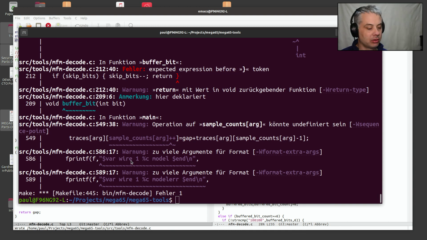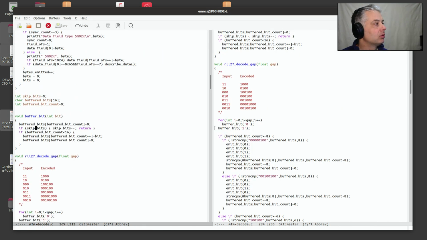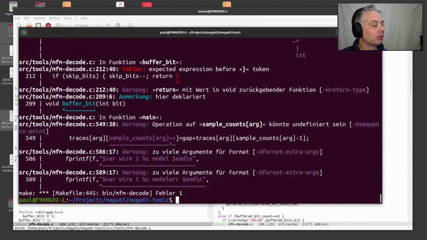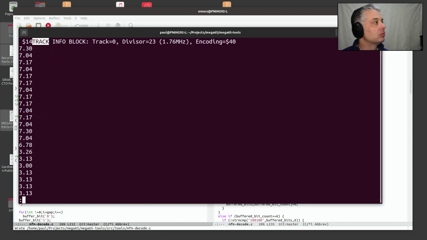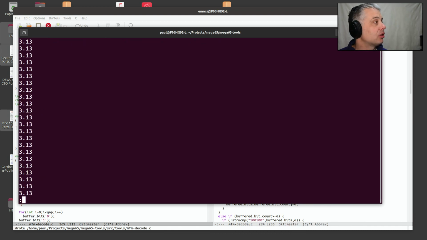Line 212. Yep, a semicolon after return will indeed be helpful. So we're still not seeing anything much there, I think. Rather, we're seeing rubbish still.